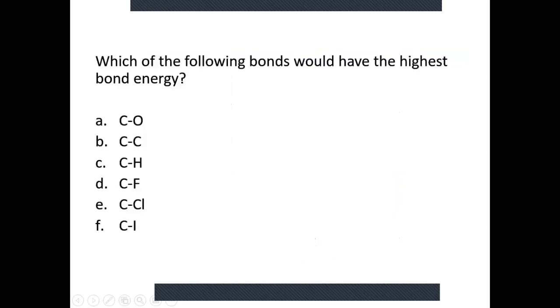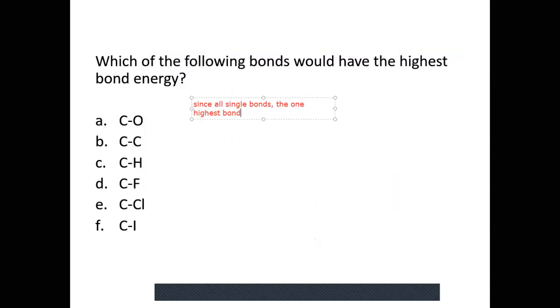So here we have this set of bonds, and we want to know which of the following bonds would have the highest bond energy. And since they're all single bonds, the one with the highest energy would be the one with the greatest difference in electronegativity.